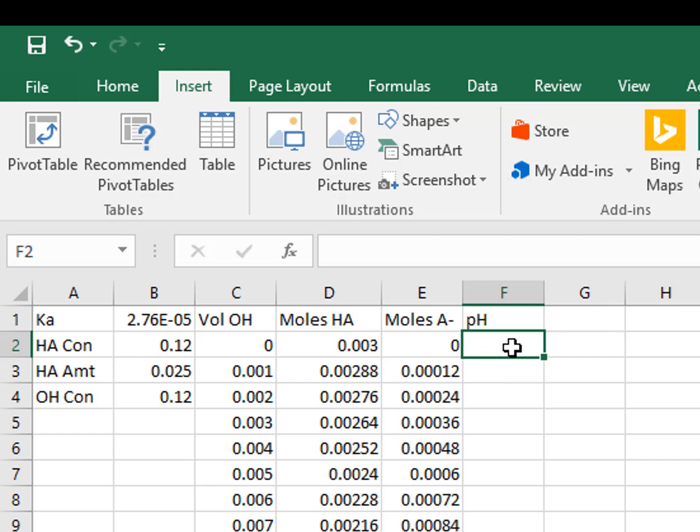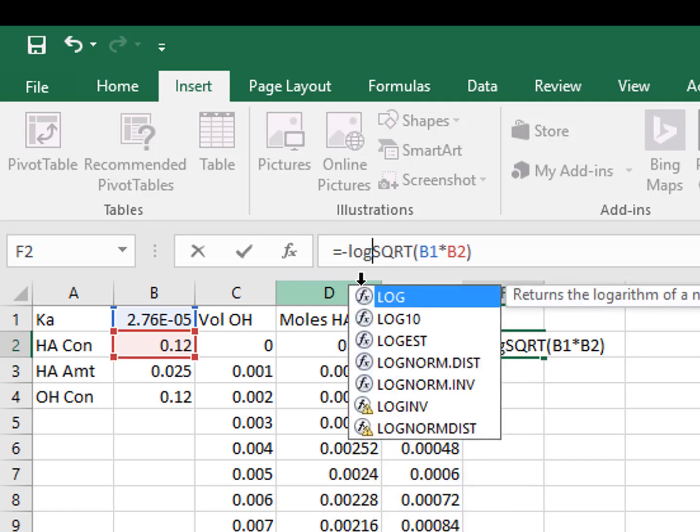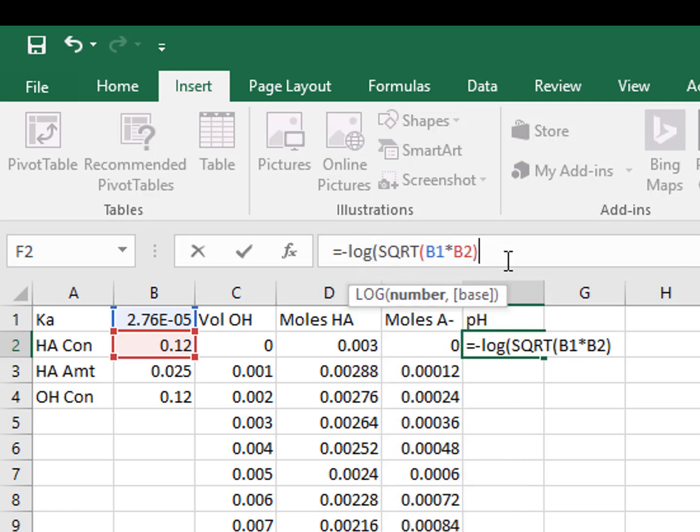You should know it, but it's basically going to be equal to the Ka times the concentration of the acid that we're working with. It's also the square root of that. So in front of this, I'm going to write SQRT, and in parentheses put here and there. So I'm taking the square root of those things. And then it's going to be the negative log of that to make it a pH.